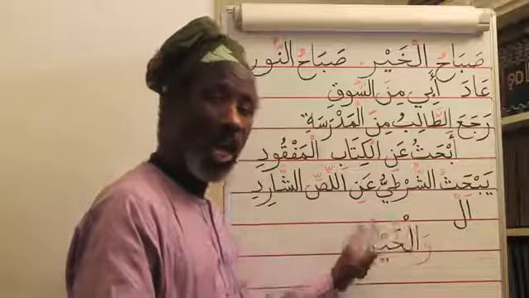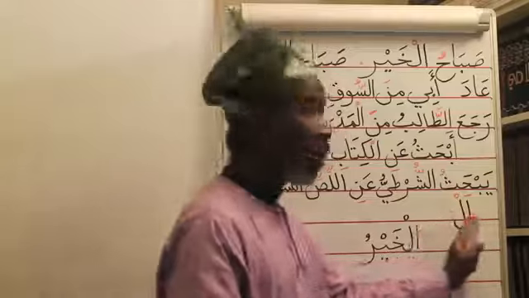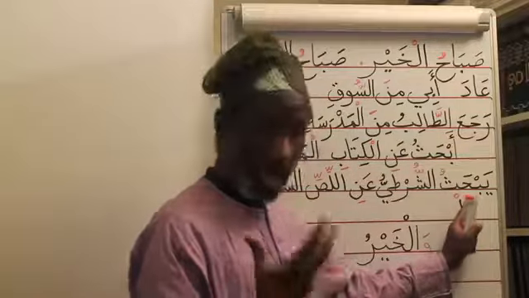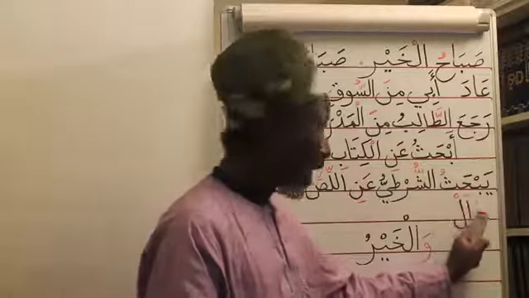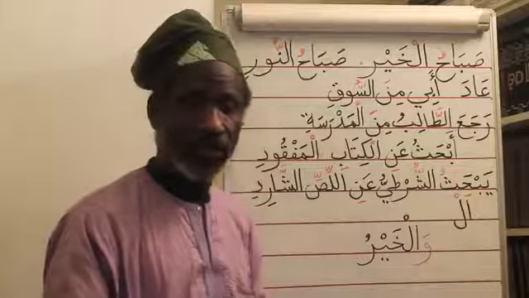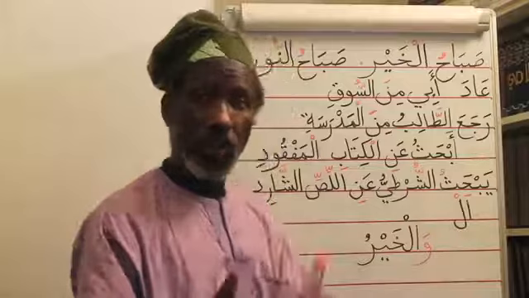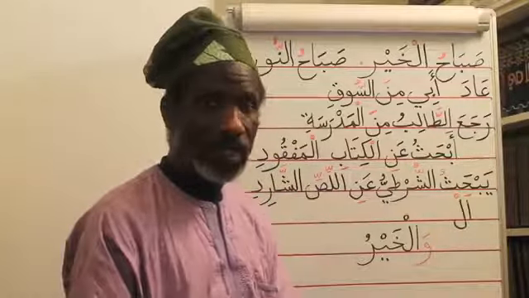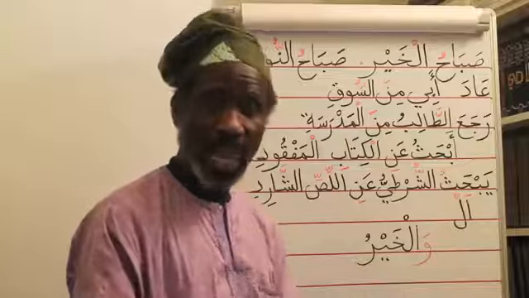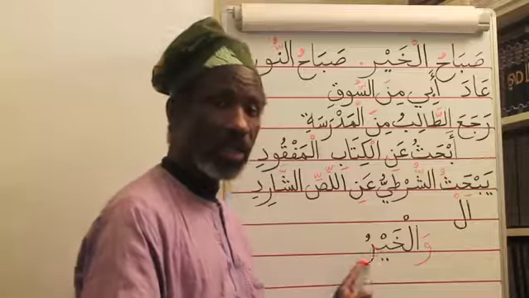Wal khayru. So the alif of al, of the, retains its fatha if it is at the beginning of a phrase or a sentence. If you have a word or a letter before it, that alif will still be there but is suppressed and silent, as I just demonstrated here.